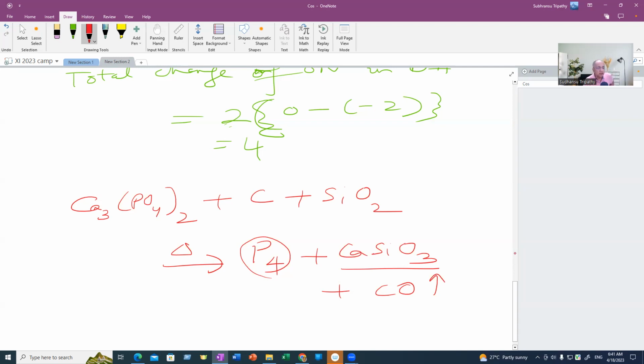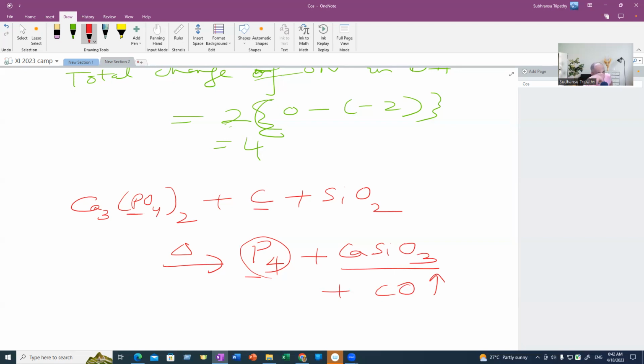I tell you the tricks: the culprits are, one of the elements is carbon because it is in the elementary state and this is in the compound state, and the other one, phosphorus here is in the elementary state, so phosphorus is one culprit and the other culprit is carbon. You find their oxidation number and the change, the total change, you just multiply one with the other.